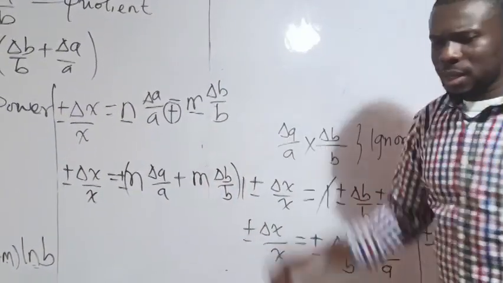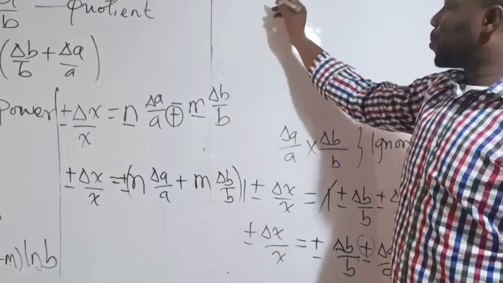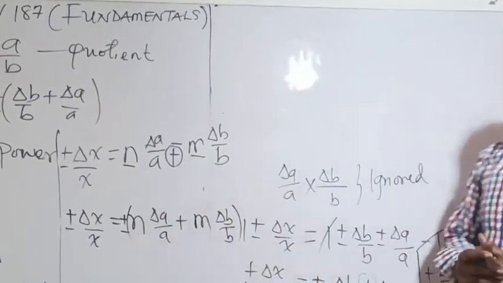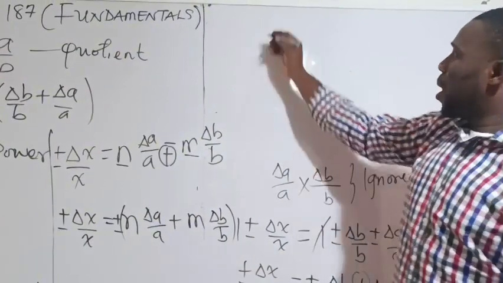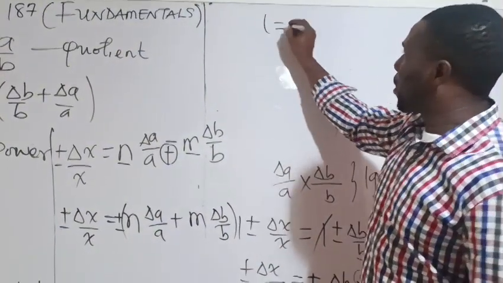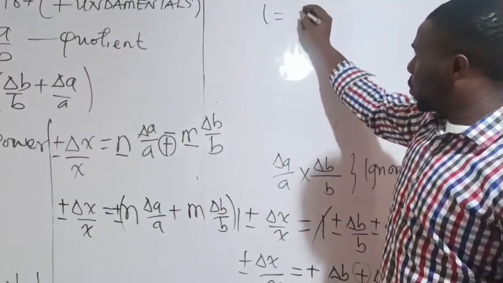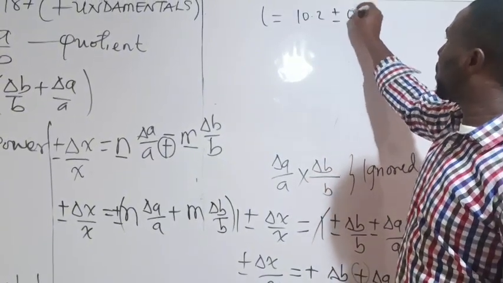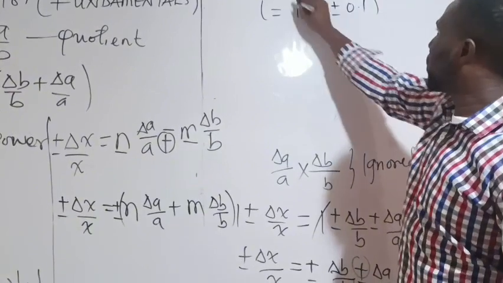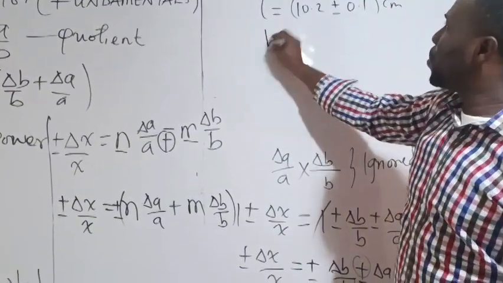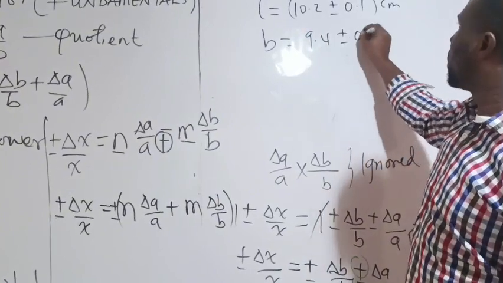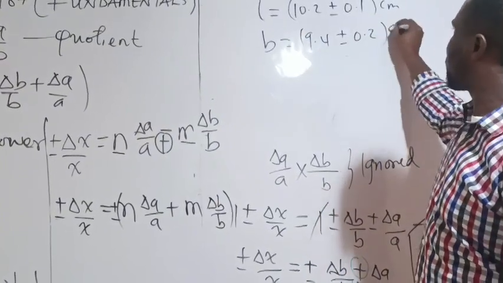So let's take, for instance, let's say I measured a rectangular object, and let's say its length was measured as 10.2 with an uncertainty of, let's say, 0.1, in centimeters, and let's say the breadth is 9.4 plus or minus 0.2, in centimeters.